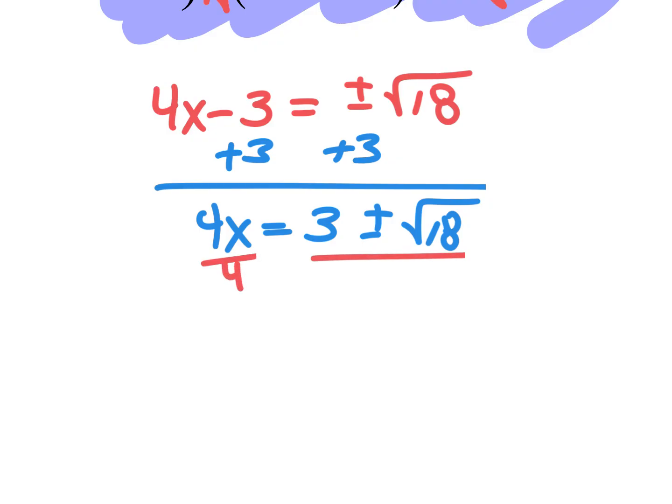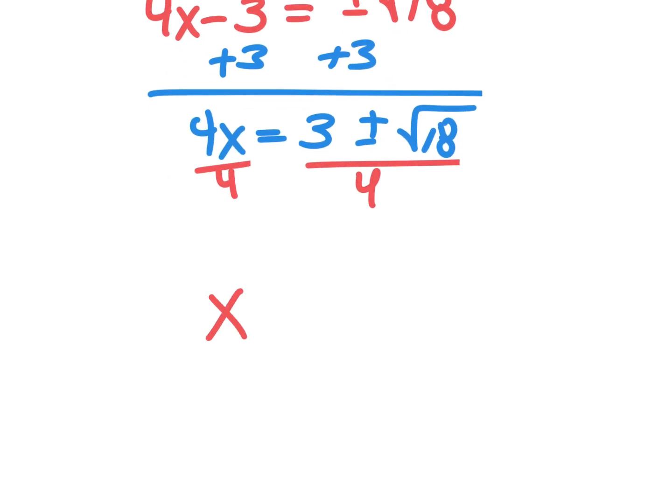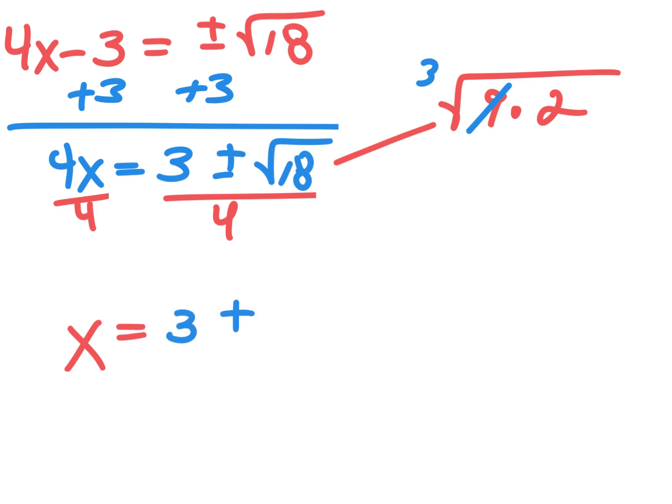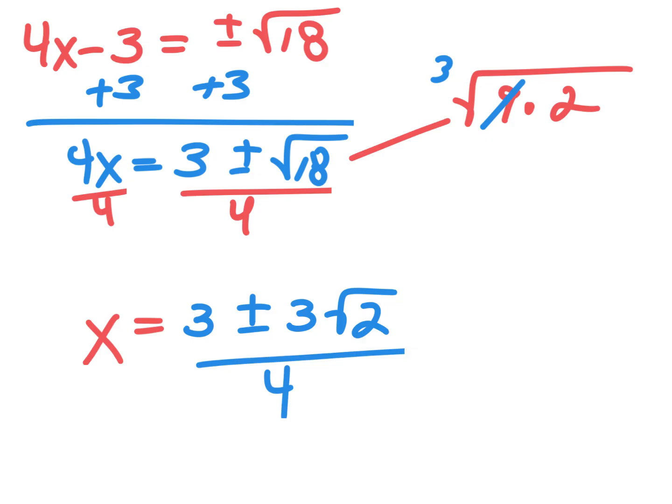Divide by 4. So x equals, one last thing that we need to do is break down 18. What can you break down 18 into? 9 times 2. What's the square root of 9? 3. So this would be 3 plus or minus 3 square root of 2 over 4.